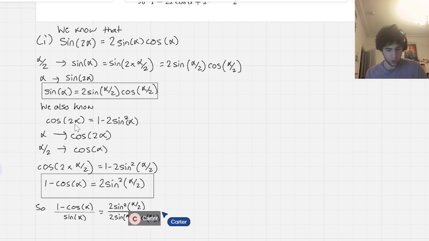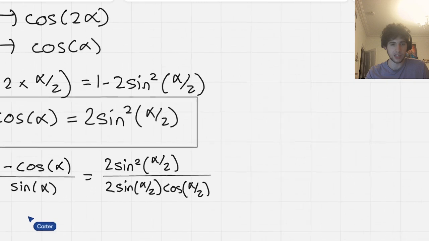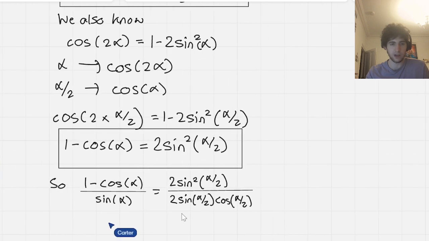First of all, I have everything in terms of alpha over 2, so there's no sine alpha and sine 2 alpha in there. To be fair, that was true in the first case as well, because everything on the left-hand side there is in terms of alpha, so the fact that it's in terms of alpha over 2 doesn't really mean anything by itself.